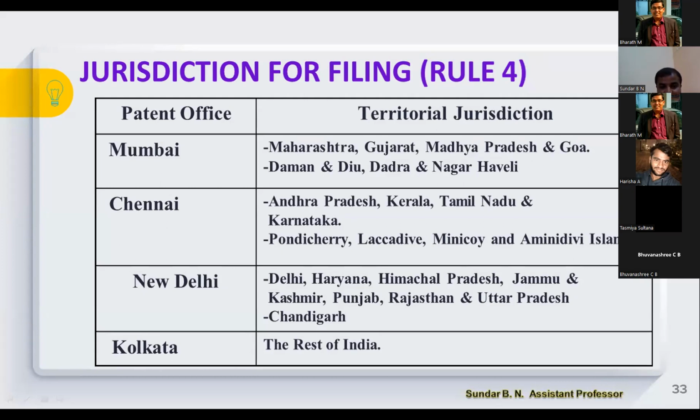Chennai will cover Andhra Pradesh, Kerala, Tamil Nadu and Karnataka. In case of New Delhi, some other states will be covered. And in case of Kolkata, all the places except those I listed here, which means the rest of India, will be covered. So these are the jurisdictions to file a patent application.